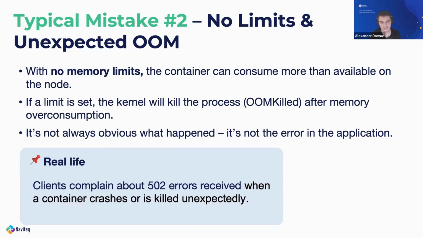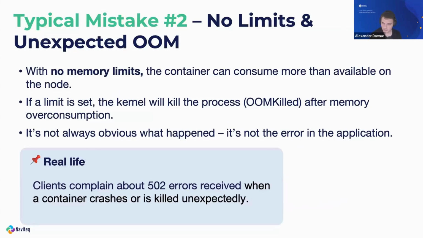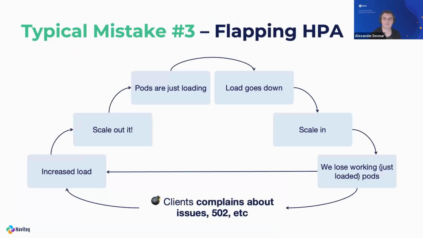But in reality, you don't consume cores, you consume compute time, which is completely different from the memory case. So the bottom line: always set limits for memory, ideally close to the memory requests.